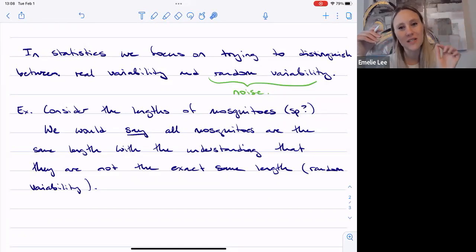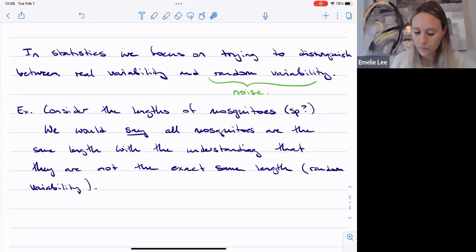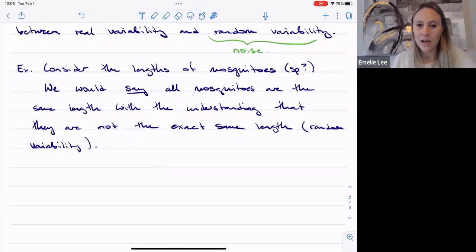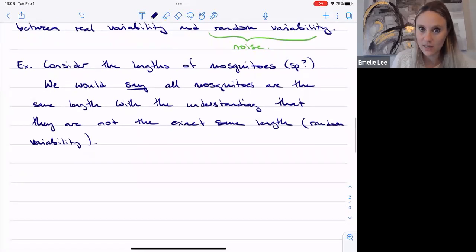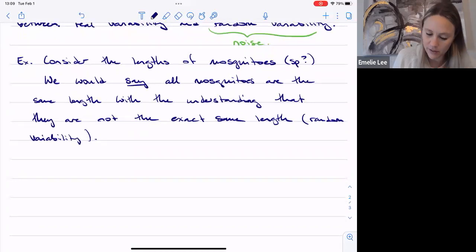Is it truly a different type of mosquito, or is it just the same mosquitoes with more noise? This idea is very difficult to wrap your head around, especially when you're just learning this stuff. But that's all part of it. So we would say all mosquitoes are the same length, with the understanding that they're not the exact same length, and that would be the random variability.